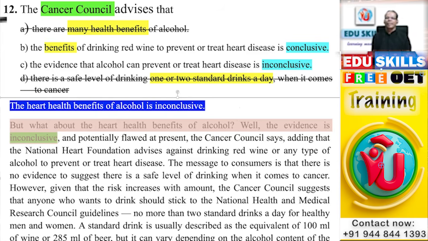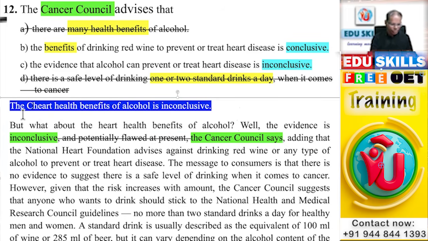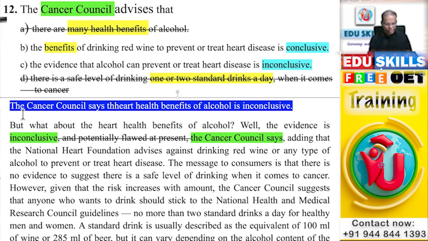Now, the Cancer Council advises. The name is there. How do you say this is the advice of the Cancer Council? Whatever comes in between commas can be ignored. That is the explanation of the same thing, right? It says inconclusive and potentially flawed at present. The Cancer Council says that the heart health benefits of alcohol are inconclusive.